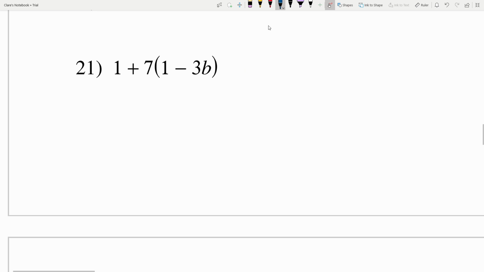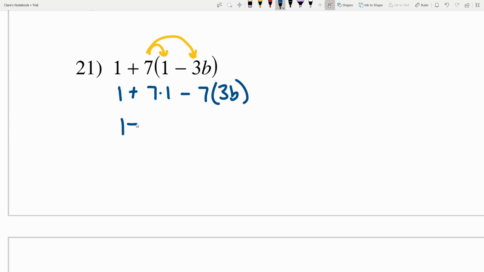But for now, continuing on, we'll have 1 plus, I'm going to need to distribute this 7 to the 1 and the 3b. And I'm adding this so my sign in the middle won't change. So 7 times 1 minus 7 times 3b.